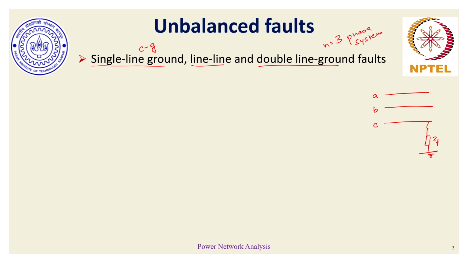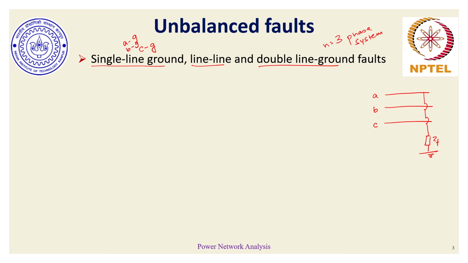There could be two other possibilities: instead of phase C getting shorted, phase B might get shorted to the ground through a fault impedance, or the last possibility is, instead of phase B, phase A itself might get grounded while the other two phases remain healthy and carry the normal load current. So in single line to ground fault, we can have three possibilities: phase A, B, C respectively to ground.